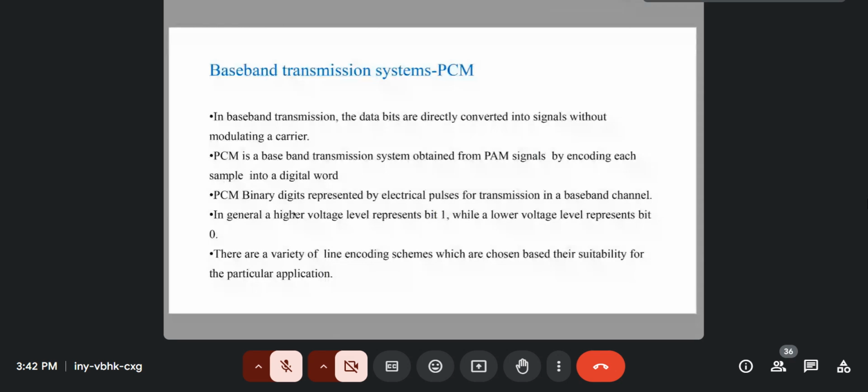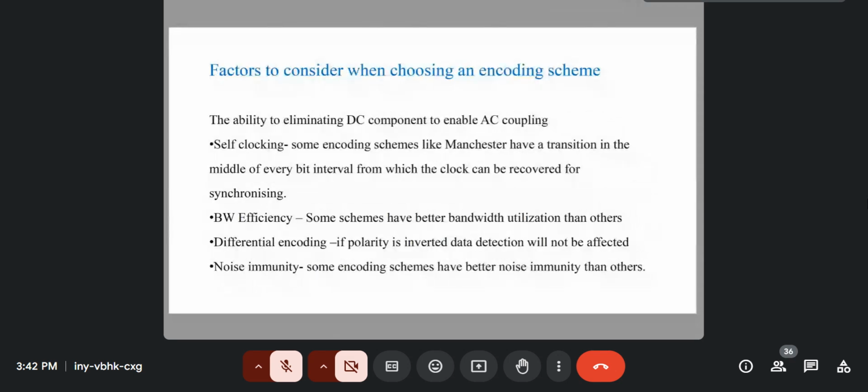The obvious first one is the ability to eliminate the DC component to enable AC coupling. What you're saying is there will be AC coupling in the system, and if you have DC power, it will be blocked. So you use too much power, but you're not able to deliver that power to the other side of the transmission line.